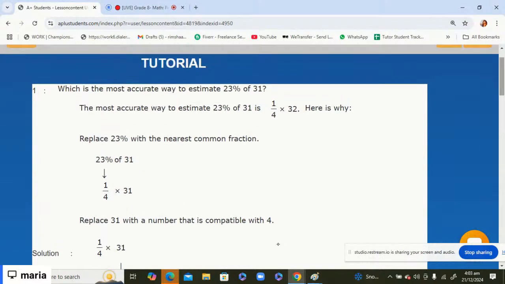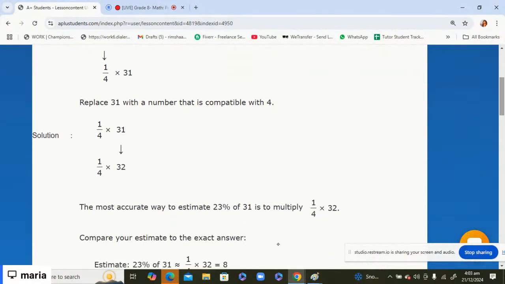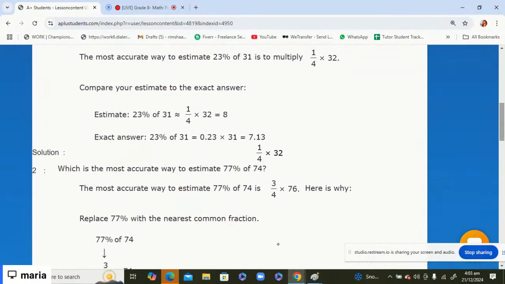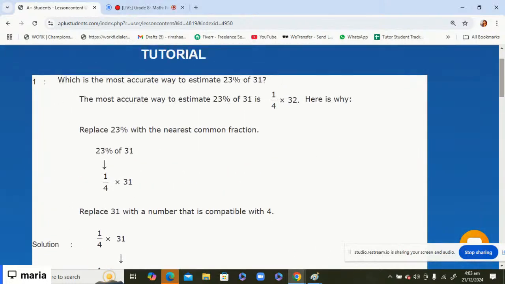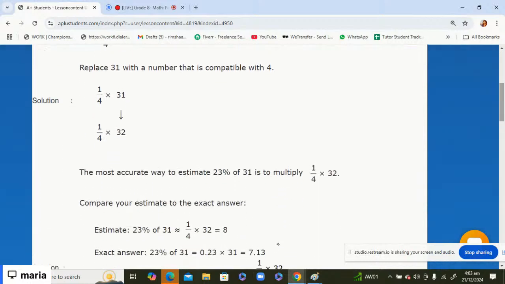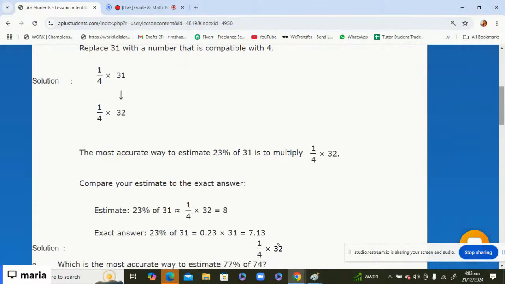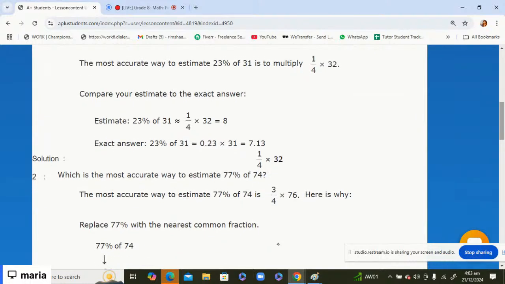Otherwise, the most accurate way is that you are going to round. For example, replace 23 with the nearest common fraction, that is 1 by 4. This is 23 by 100, and then just check it out. And 31 is replaced with 32. Now just simply multiply.